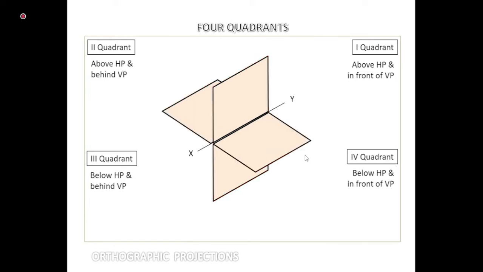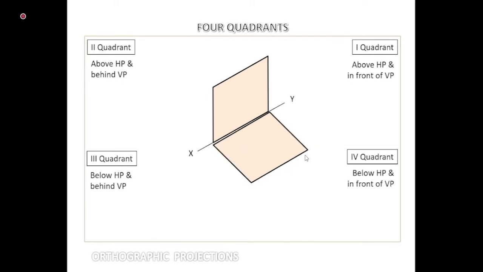Now let's say your object is in the first quadrant. If the object is in the first quadrant and you want to convert it into a 2D drawing, then you keep the vertical plane fixed and move the horizontal plane. Now you see I am moving the horizontal plane.